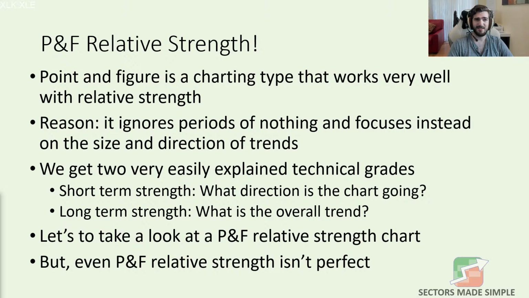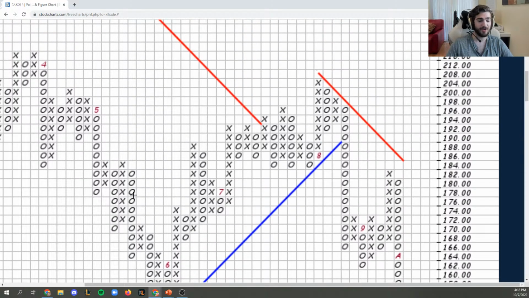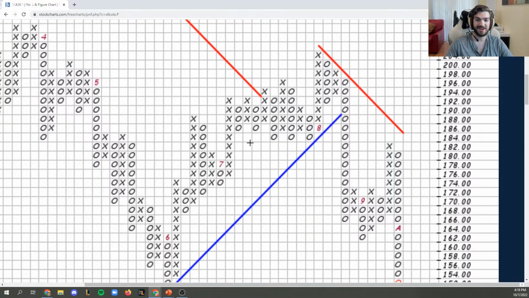This is about the best that we'll get for a singular chart. This ignores periods of no movement. Instead, it focuses on major changes or resistance breakouts. Is it a breakdown where we go below? Or is it a breakout where we go above? And how are those changing over time?